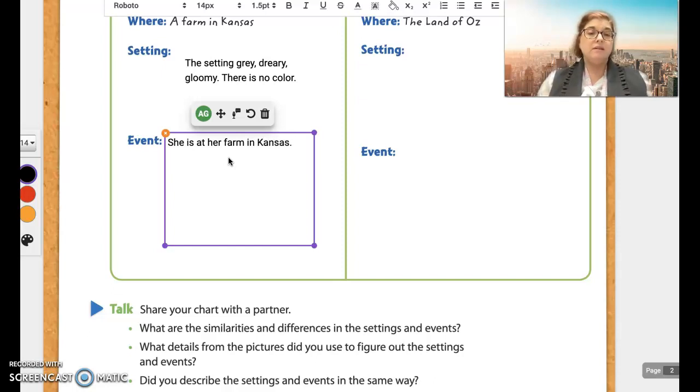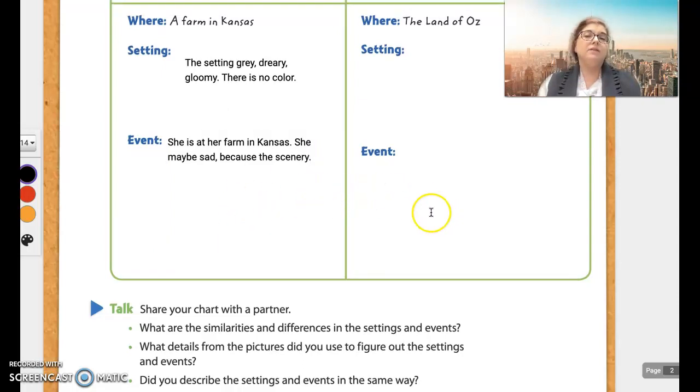All right. So that she's at her farm in Kansas. She is maybe sad because why? The scenery, right? The scenery.